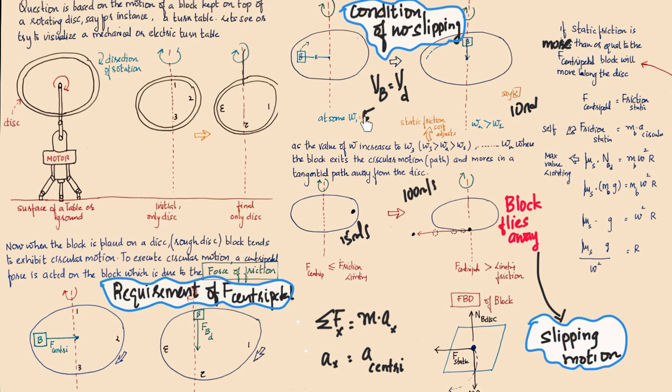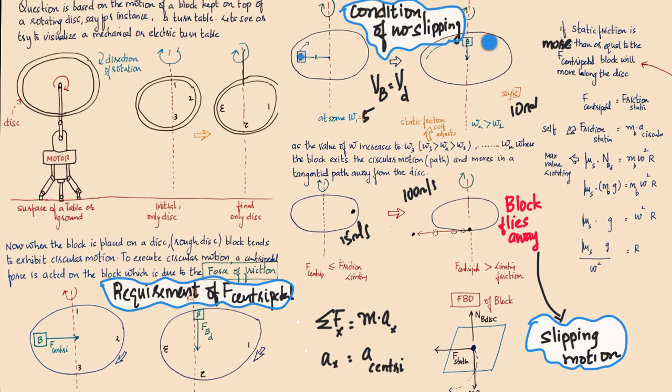Now at lower angular speeds, say omega is equal to 5, let me just take an example. Let's say this is the beaker over here, right? So say this is the beaker, and this beaker will rotate along with the disc.